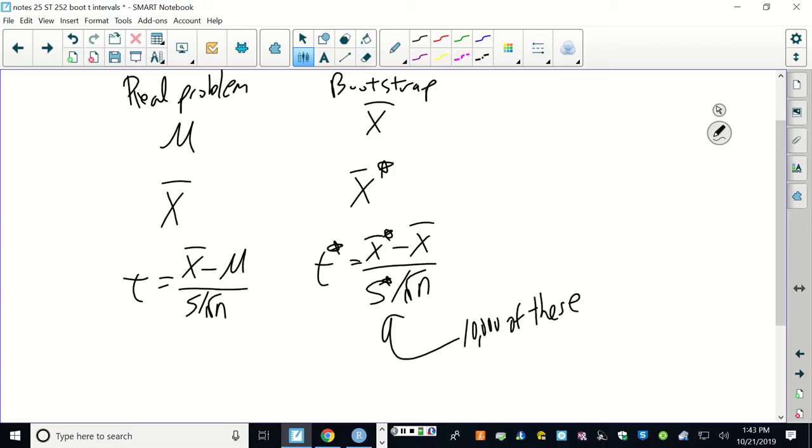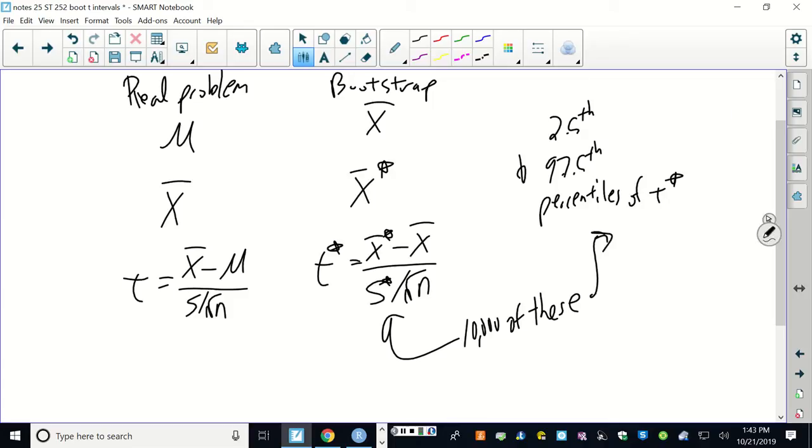And then we are going to find the 2.5th and the 97.5th percentiles of the T star. Right?